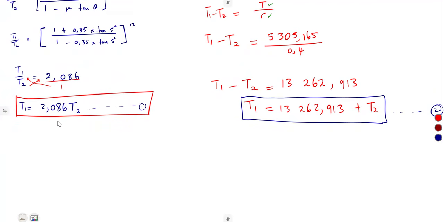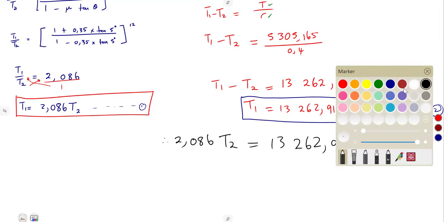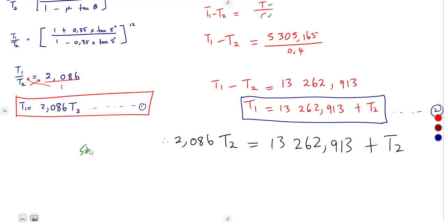So what it means, what we have on the right-hand side must be equal. So we just have to equate the two. Therefore, 2.086 T2 must be equal to this one that we have representing the same T1 as before. So that's it. We are done as we have got this equation. It is easier now for us to solve for T2.